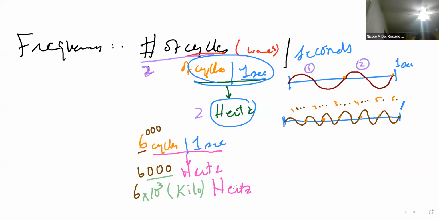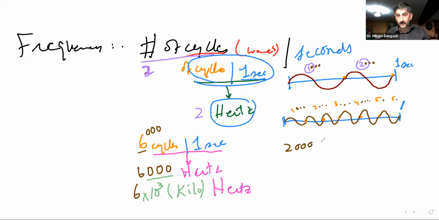Likewise, I'm not going to sit here and draw 2,000 cycles, but say there had been 1,000 cycles and another 1,000 cycles, so we had a total of 2,000 cycles in 1 second. That would be 2,000 cycles per second, which is the frequency.